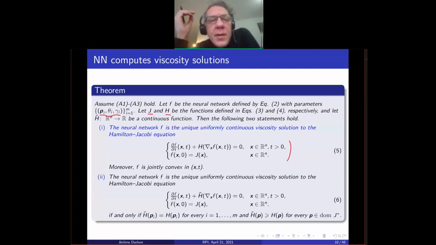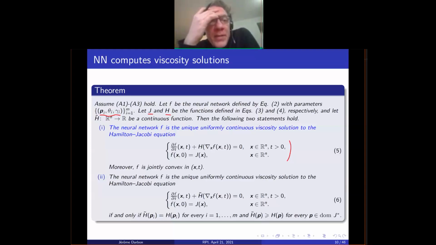So it means that once you have this neural network architecture, that is a shallow, fully connected network, and the activation function is the max pooling, then you assume A1 to A3.